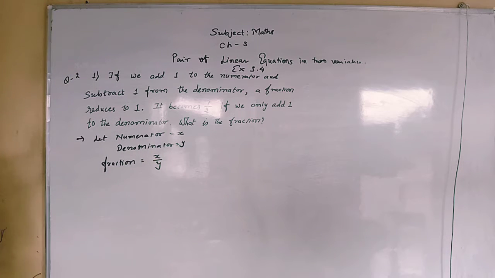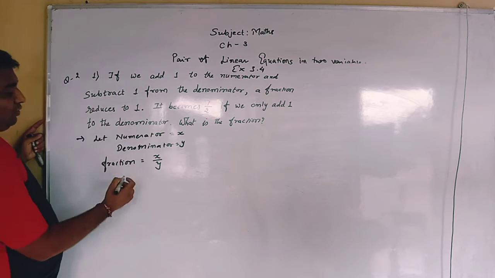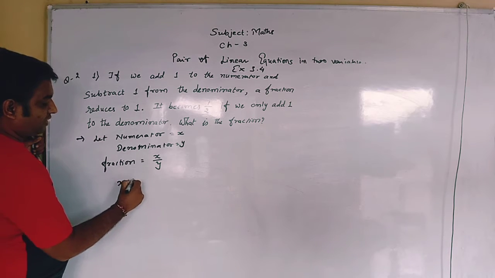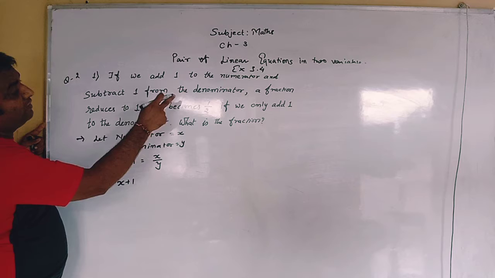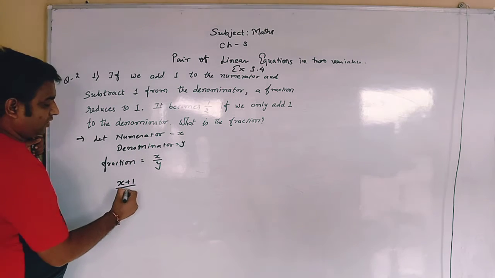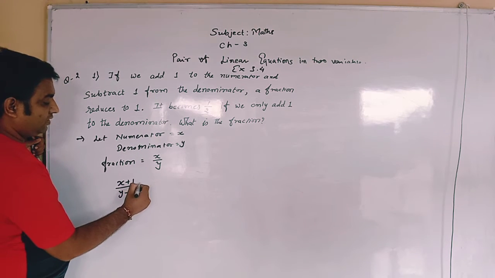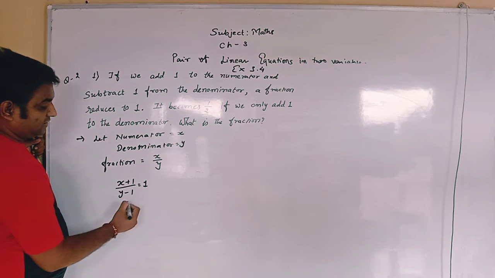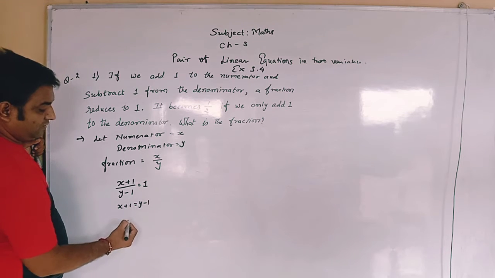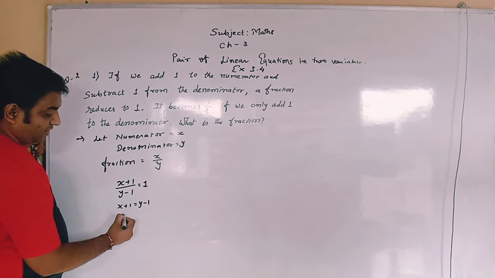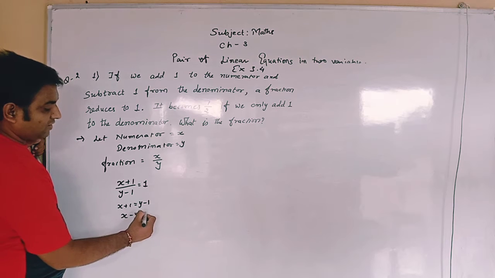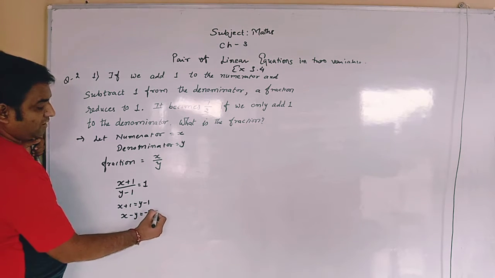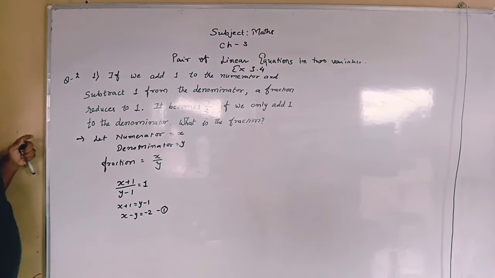Now it is said that 1 is added to the numerator, so x plus 1, and 1 is subtracted from the denominator, so y minus 1, equals 1. So we take the other side: x plus 1 equals y minus 1, and so x minus y equals minus 2. That is the first equation.